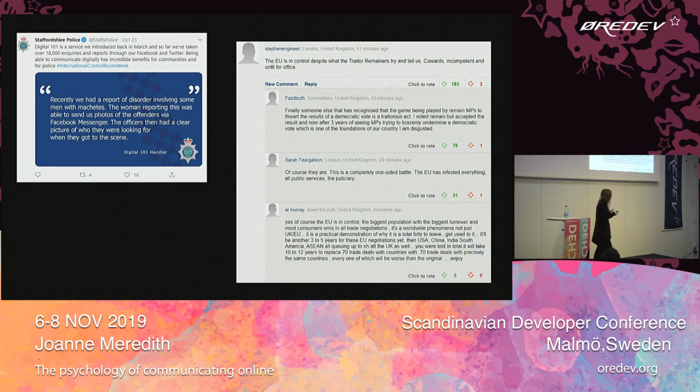So this is an example from one of our right-wing newspapers in the UK. It's about Brexit, because that's all we talk about in the UK at the moment. And it's interesting to see how people actually debate and talk about politics in a setting where they're anonymous.